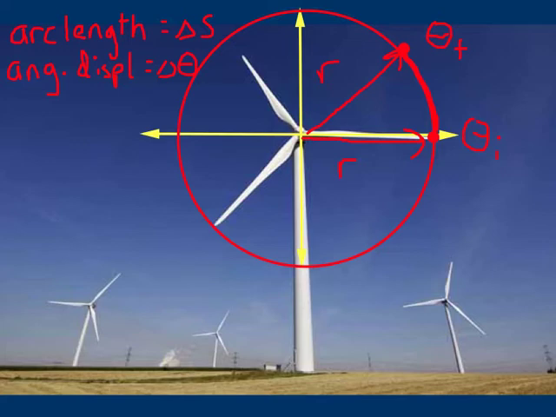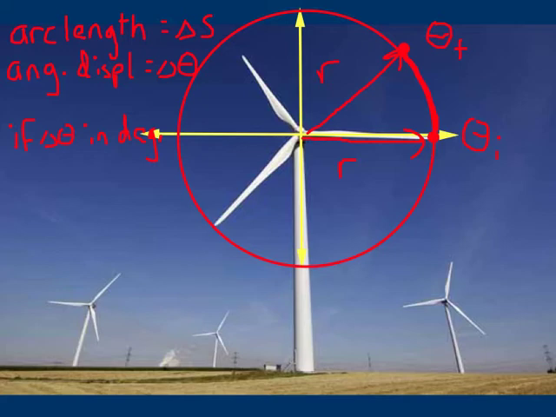Well, if we've measured the angle in degrees, then here's how we're going to think about it. If this point went all the way around, 360 degrees, then I can calculate pretty easily how far it traveled because I know the circumference of a circle. The circumference of a circle is equal to the radius times 2 pi.